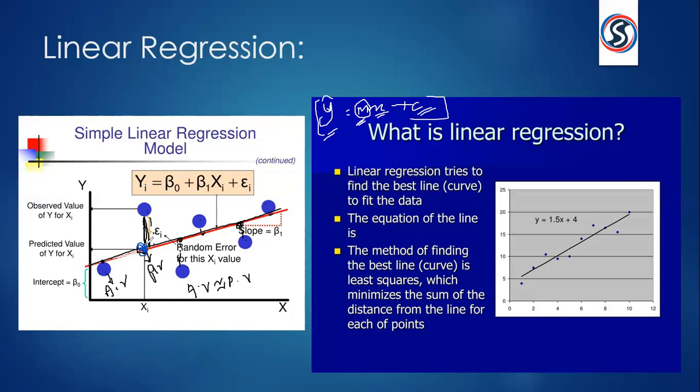Then only I can tell that my model has completely trained and will give me accurate results. Whenever the distance between my actual point and my predicted point is approximately equal to 0, or gets reduced, then only I can say that I have found a best fit line where my actual value is approximately equal to my predicted value and my error is 0. So this error is nothing but the distance between my actual value and my predicted value.